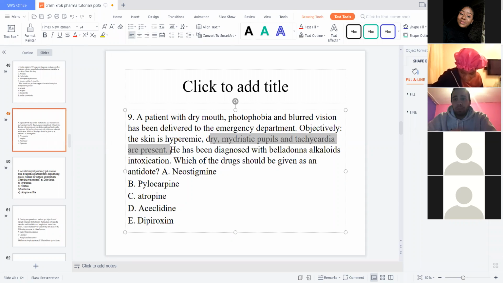What do the symptoms look like? Pay attention to the symptoms. Okay, so what do you think?